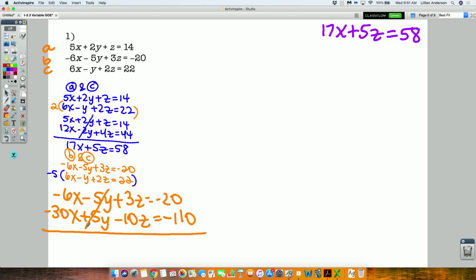Negative 6 minus 30, and it'll be a negative. Then 3z minus 10z. And what's negative 20 minus 110? And there's our second equation.